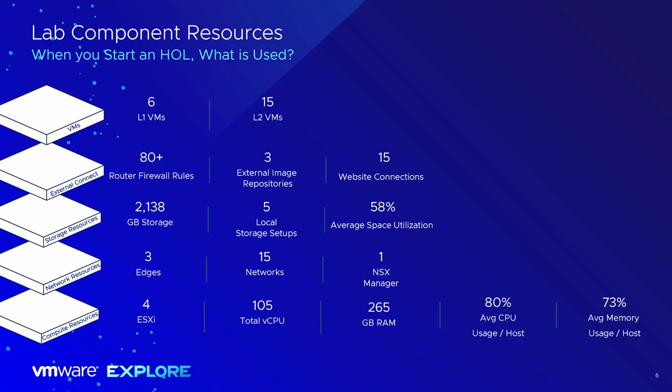If you're curious, this is some of the stats on the content. When you build out a lab and you get this fresh environment, this is all the stuff you're using essentially. You got over 2 terabytes of storage that we utilize for every single one of these labs that gets built out. We have over 80 firewall rules that are keeping you safe from the outside world and also keeping you from getting to the outside world. Only very specific connections are allowed out and in.